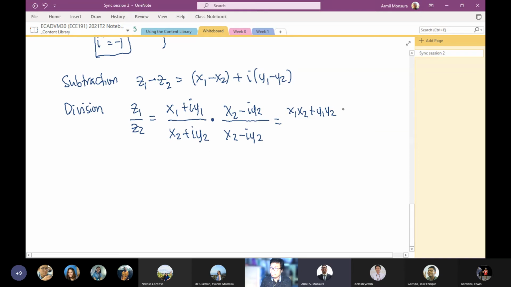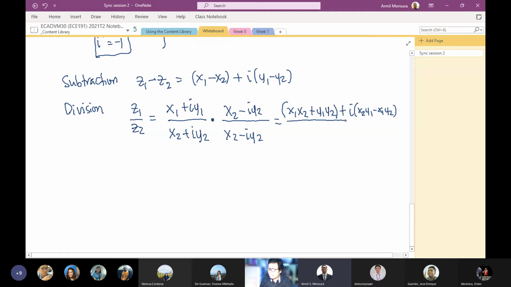Then what do we have next? This is the real part, plus I times (X2 Y1 minus X1 Y2).